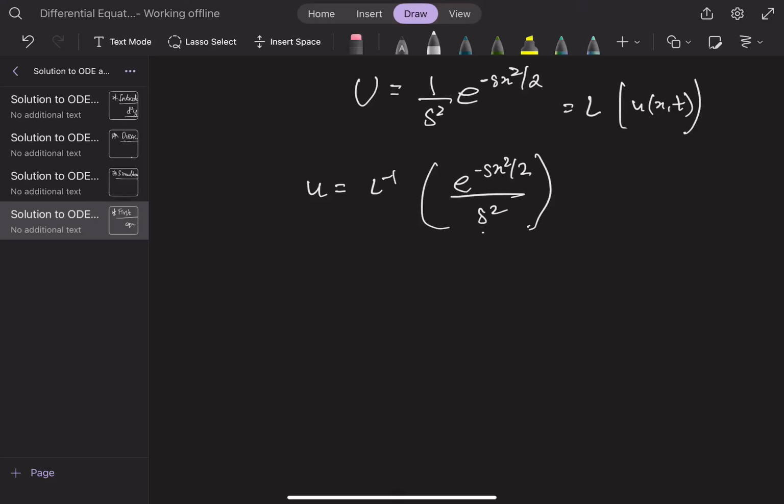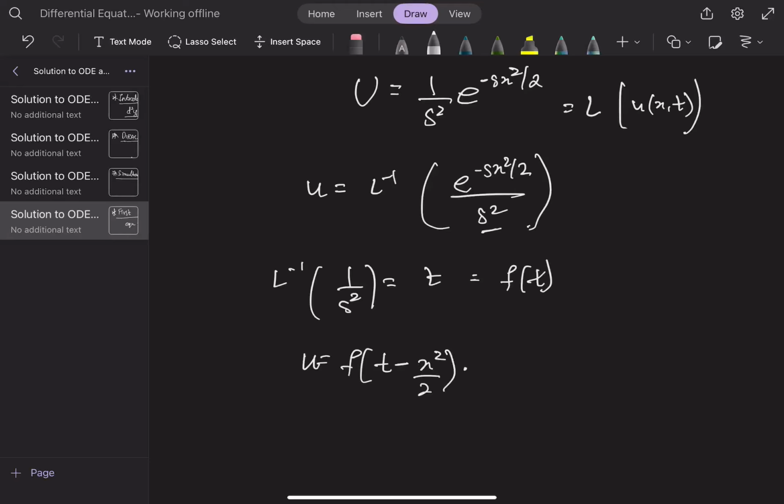Let's focus on this. Laplace inverse of 1 upon s square is t. So let's say this is f(t). So your u becomes f of t minus x square by 2 into, now actually we need to write the unit step function over here, but since we already have u, I'm going to write it as h. But remember, h is just the unit step function that we did previously. H of t minus x square by 2.